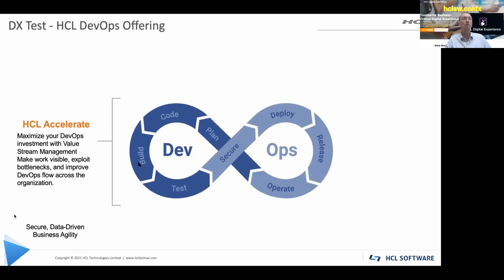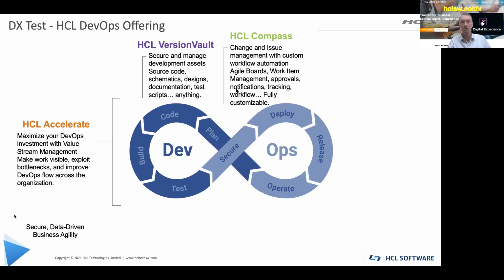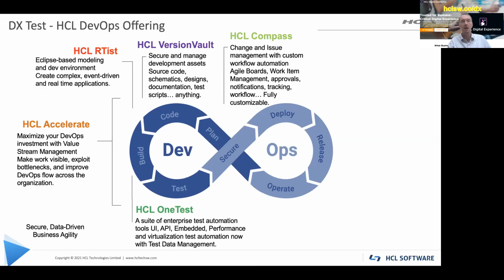Then another topic is that HCL has a dedicated DevOps set of offerings available that you could consider as well. It starts with HCL Accelerate. This is really about the development, about the value stream management that you may want to manage. We have HCL Compass, we have Version Vault, so sort of Git.